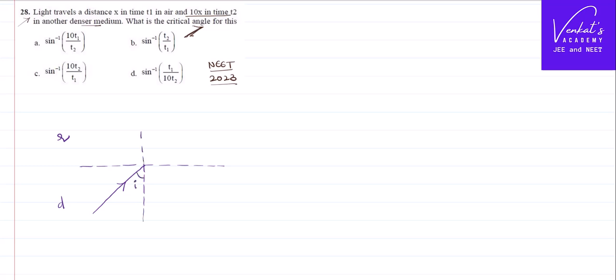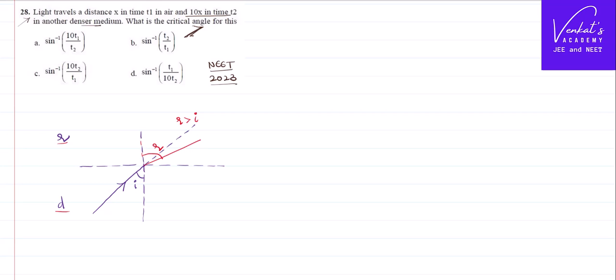If there were no change of media, the light ray could have continued going like this. But as the light ray is changing the media, it deviates from its original path. As it is moving from denser medium to rarer medium, it moves away from the normal. This is the normal, so it moves away in such a way that the angle of refraction is greater than the angle of incidence.